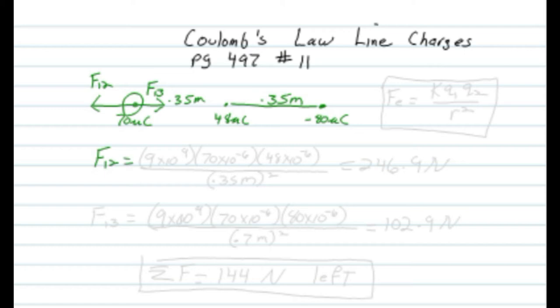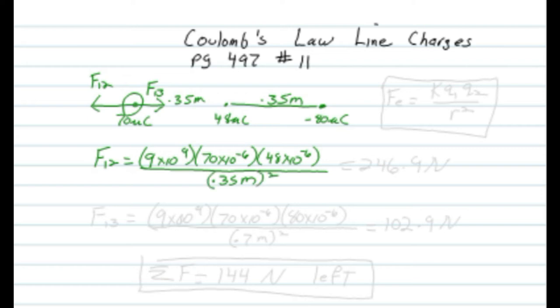So F12 is going to be K, which is 9 times 10 to the 9th, times Q1, which is 70 times 10 to the negative 6, since we convert to coulombs, and times 48 times 10 to the negative 6, since we convert to coulombs. We divide that by the distance between them squared, which is 0.35 meters, squared.